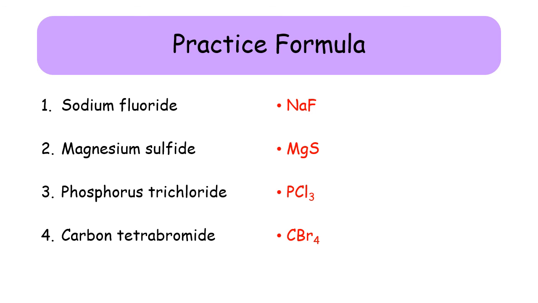Carbon tetrabromide, well, that has a clue word in it. Tetrabromide means 4 bromines. Carbon didn't have a clue, so there was only 1 of it. So overall, CBr4. Hopefully that's cleared up how the names of compounds are created and how we can use the name of a compound to work out its chemical formula.